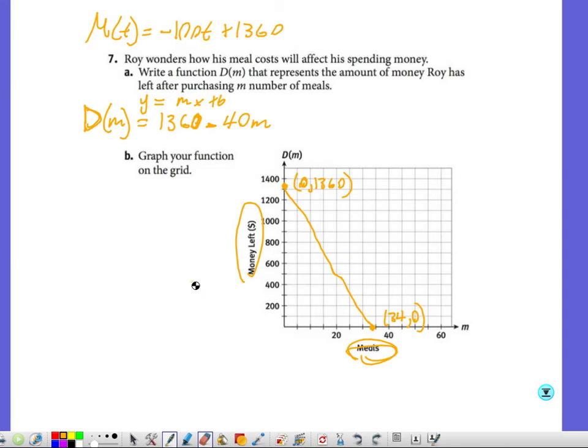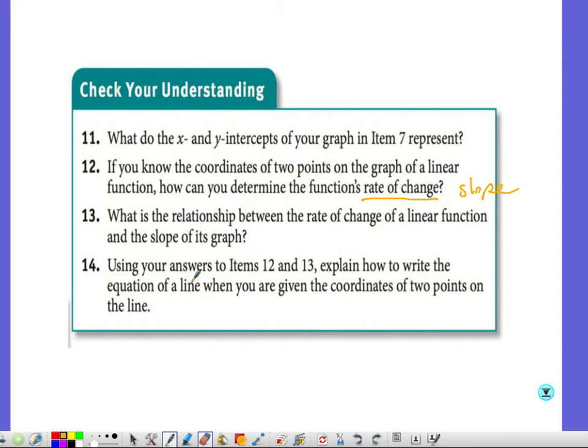That answers question number 12. Question 13: what is the relationship between the rate of change of a linear function and the slope of its graph? Rate of change and slope are basically the same thing, just 2 different ways of naming it.